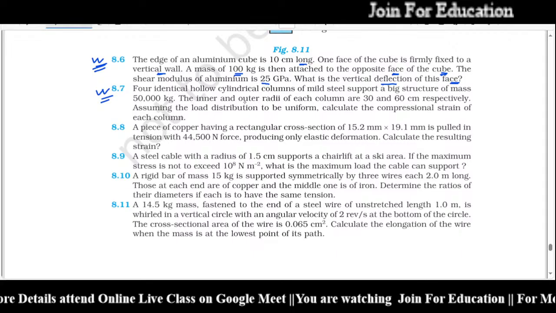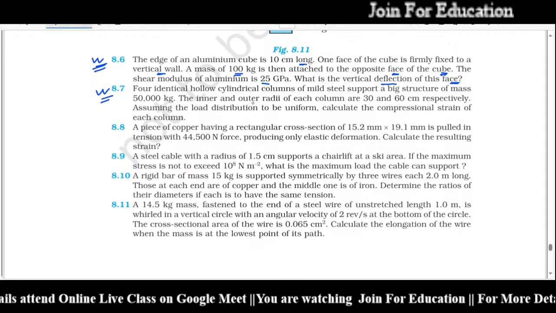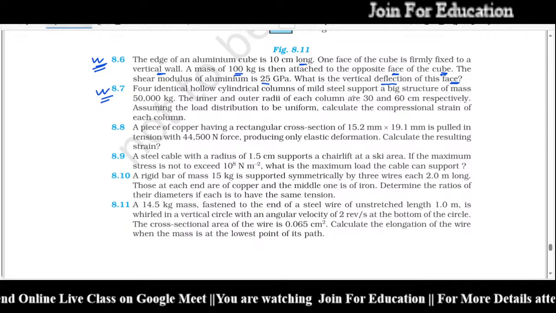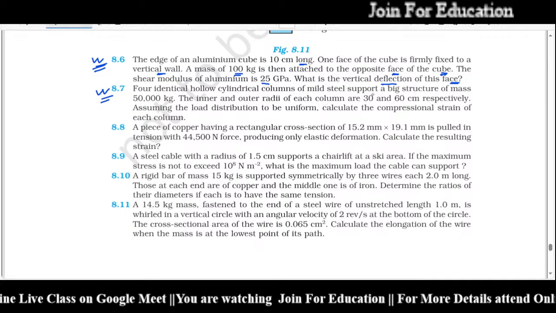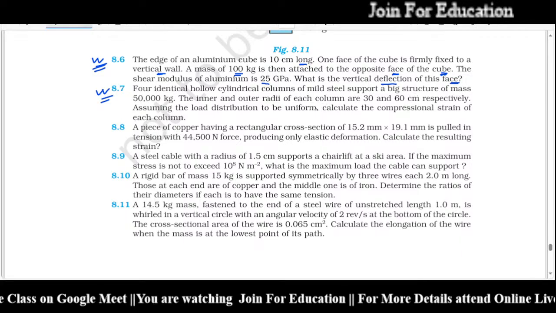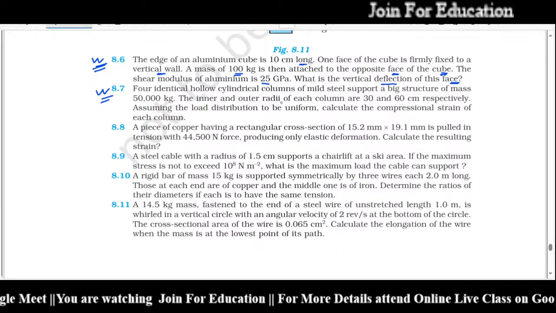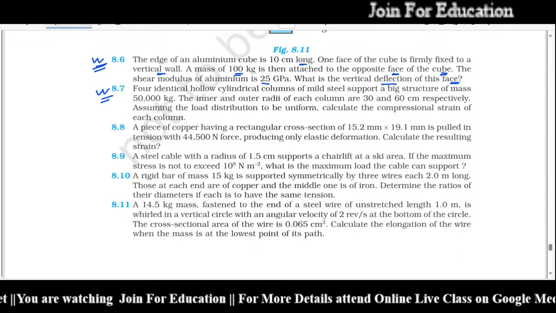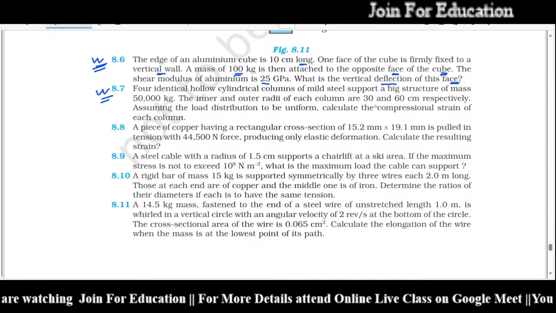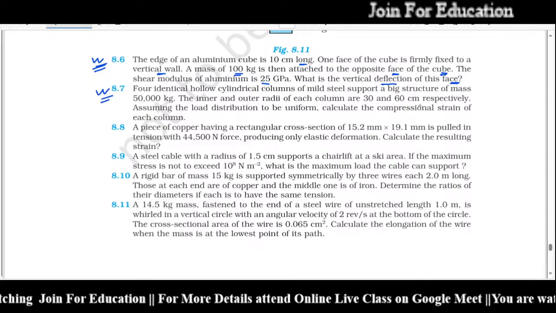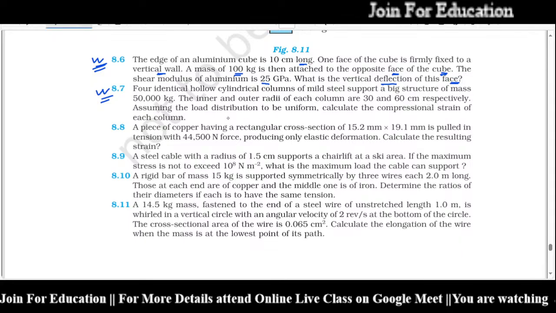Four identical hollow cylindrical columns of mild steel support a big structure of mass 5000 kg. The inner and the outer radii of each column are 30 and 60 centimeter respectively.